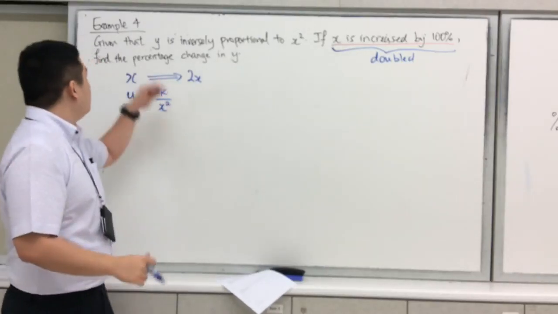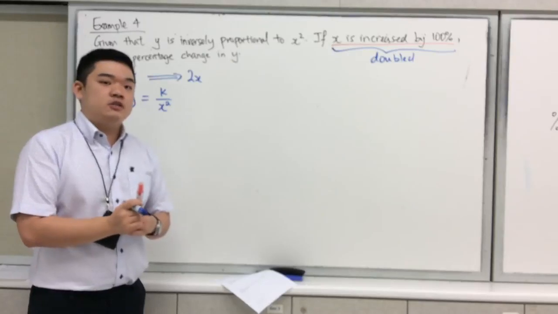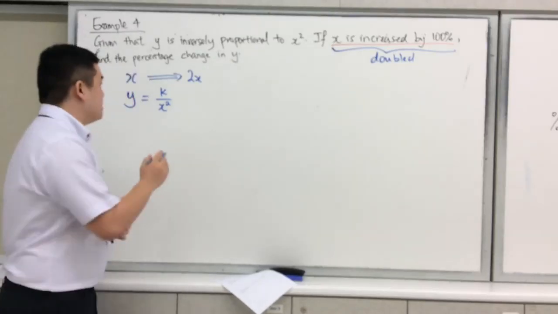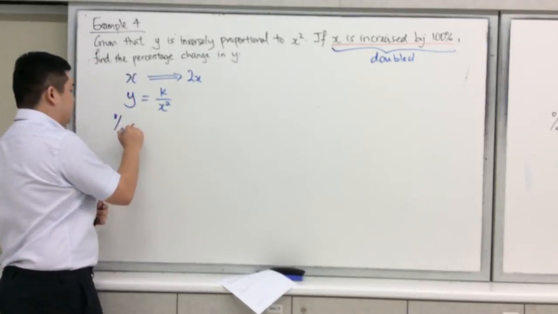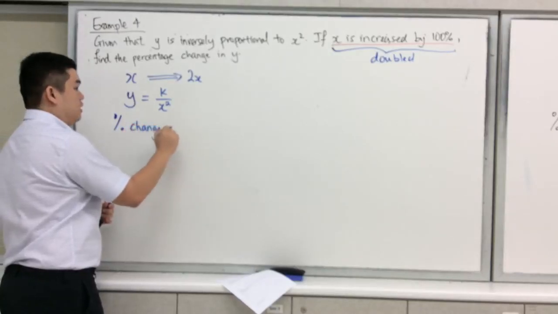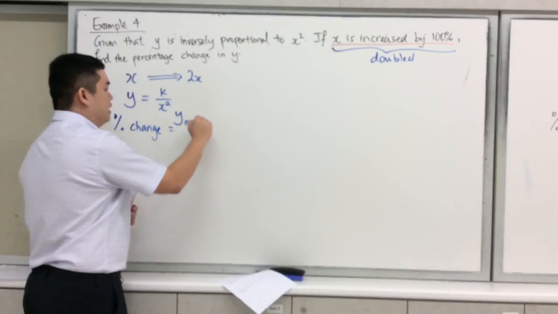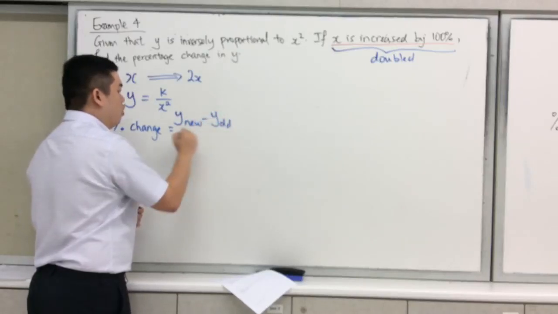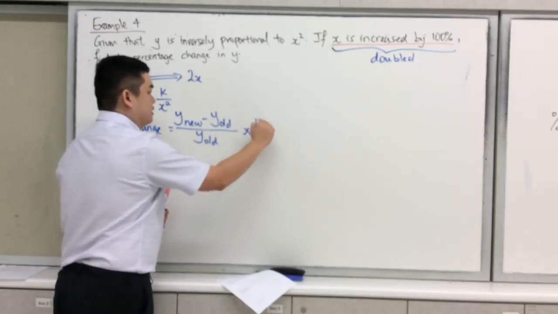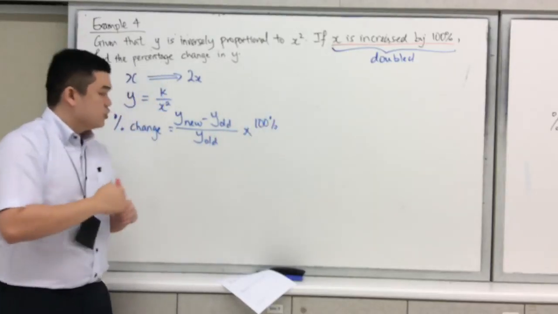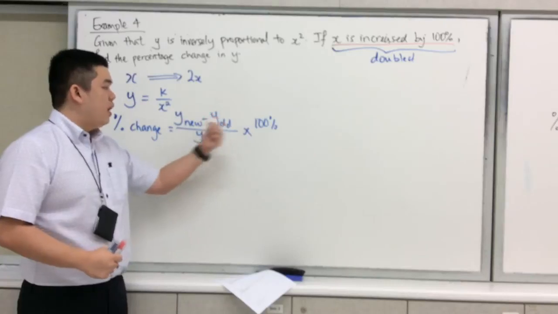Now, how do you find percentage change? Alright, the formula for percentage change is actually equals to your new y minus your original y divided by your original y times 100. Alright, so what is your y new, y original?